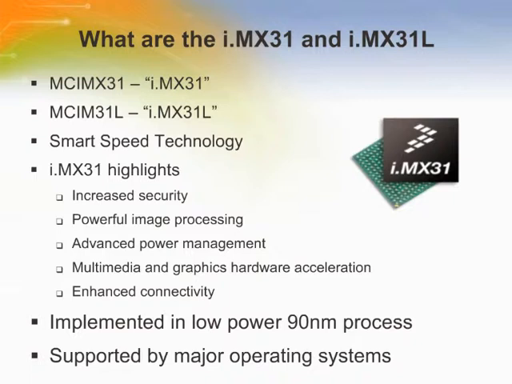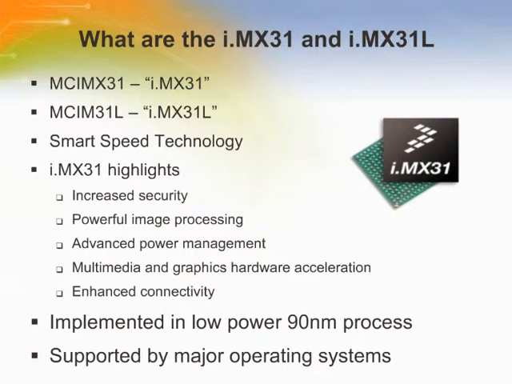The i.MX31 is a platform that enables virtually any portable multimedia product to be an intelligent device, accelerating possibilities for the next generation of mobile and connected applications. The difference between the i.MX31 and the i.MX31L is that the i.MX31 contains 2D and 3D graphics hardware acceleration.